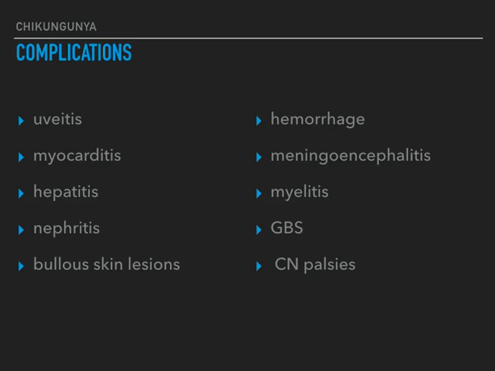And again, those at high risk are the very young, the very old, which they listed in this article as over 65, and patients with significant comorbidities, including things like hypertension, diabetes, and cardiovascular disease. Some patients may end up with persistent rheumatologic disease as well after they've recovered from the initial viral illness.